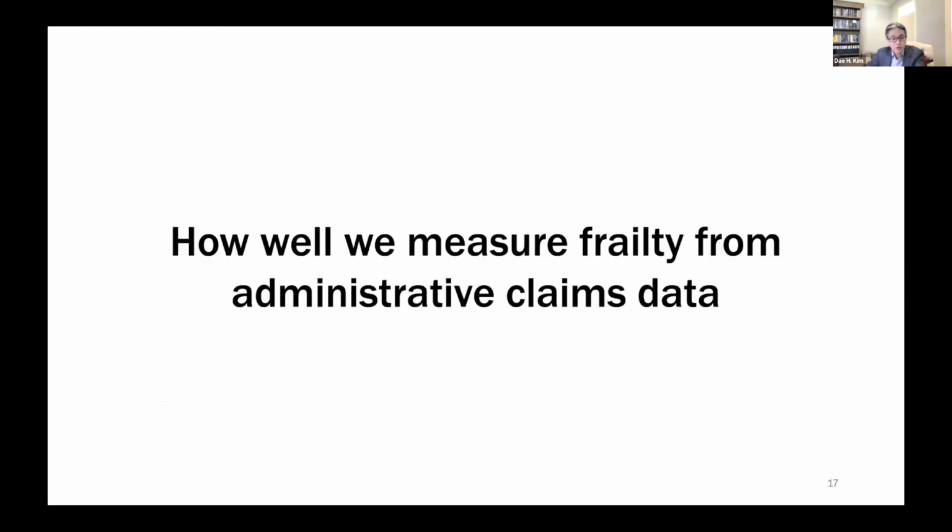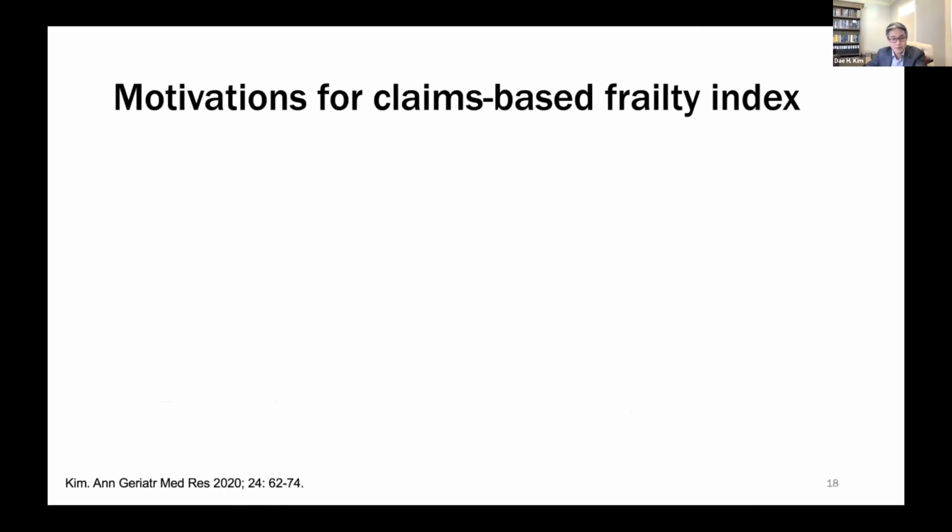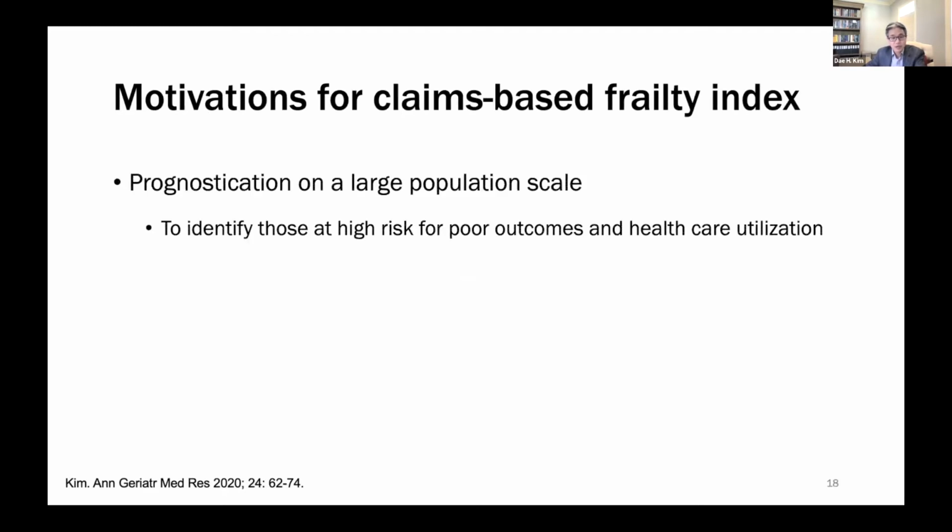So now I'm going to talk about how well we can measure frailty from administrative claims data. Here are some of the reasons that we want to measure frailty in claims data. Frailty information from claims data can provide prognostication on a large population scale where clinical assessment is not feasible.